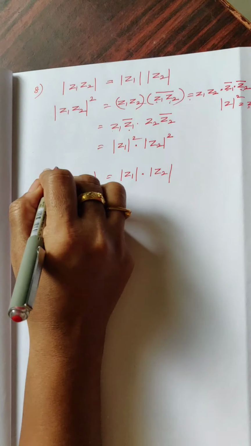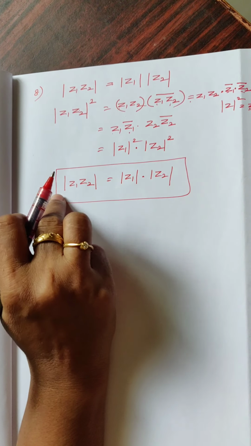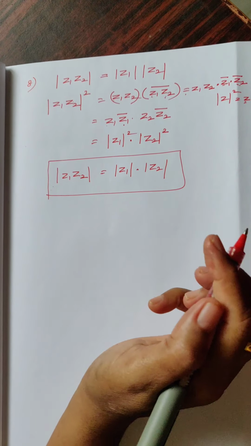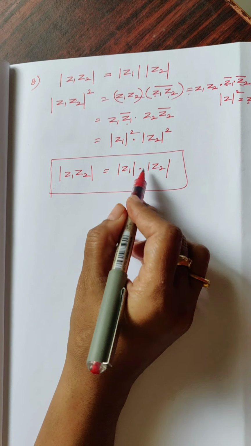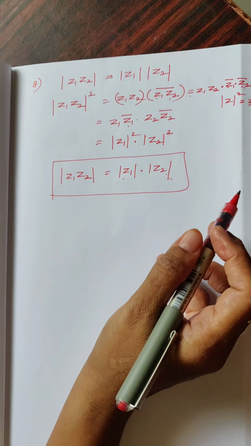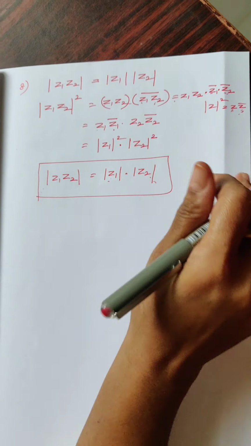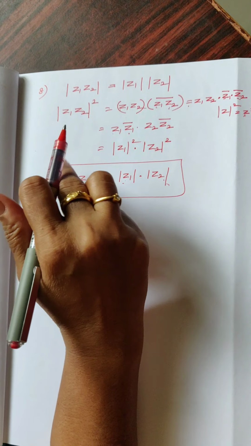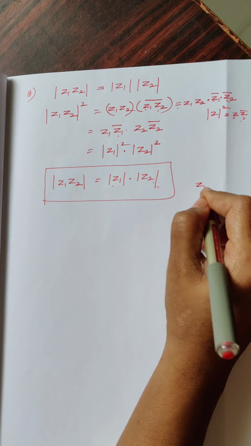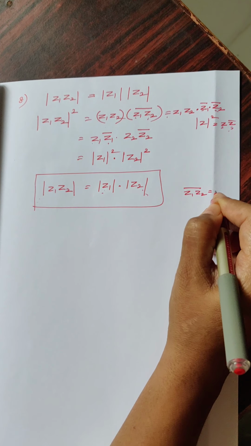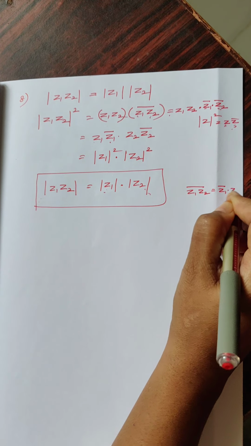See, like conjugate, what we are doing: modulus of product of two complex numbers equals product of the two moduli. The same concept is applicable for conjugate. Conjugate of product of two complex numbers equals product of the conjugates.